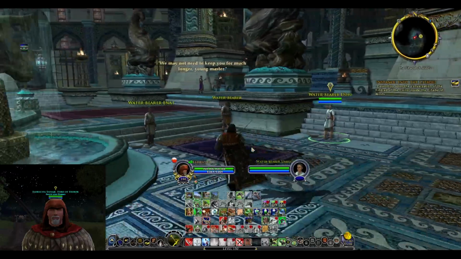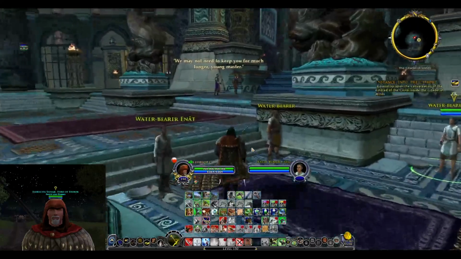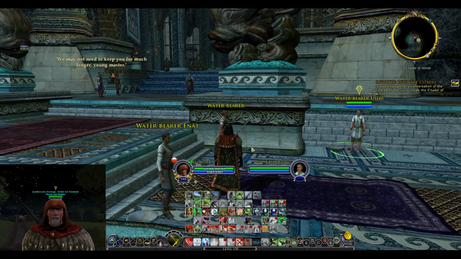We may not need to keep you for much longer, young master. Nakasi should have consulted with me before she brought you here. It was a good idea, Azagath. He makes a valuable hostage, does he not? Not as valuable as the one Koltek has arranged.